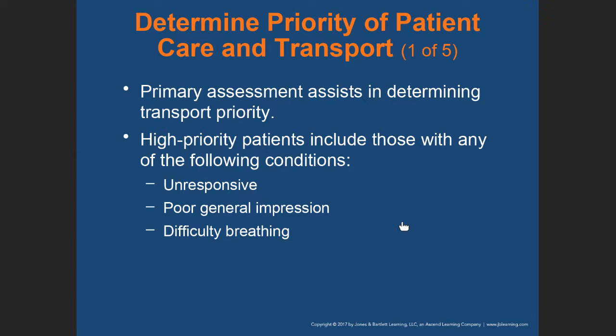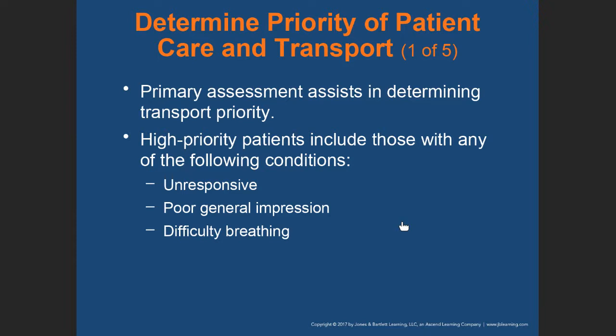You're gonna package a patient as quickly as possible and go to the most appropriate healthcare facility that can handle that type of patient. So determine the priority of your patient care and transport. Primary assessment assists in determining transport priority.